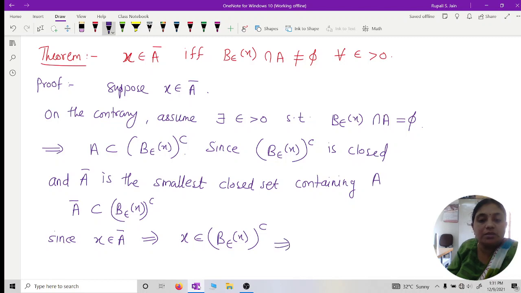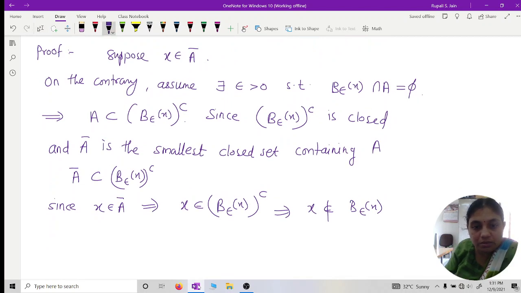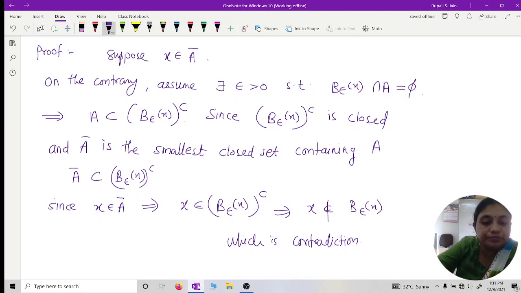So this implies X does not belong to B epsilon of X, which is a contradiction. Therefore, our assumption is wrong, and hence for every epsilon greater than 0, B epsilon of X intersection A must be non-empty. Okay.